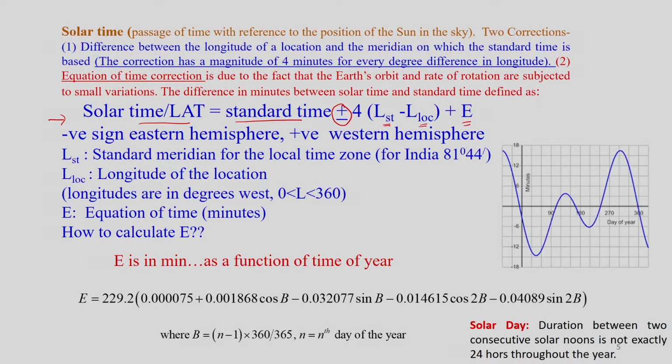The minus sign is for the eastern hemisphere. If the location is in the eastern hemisphere, then we use the negative sign, and if the location is in the western hemisphere, then we consider the positive sign.